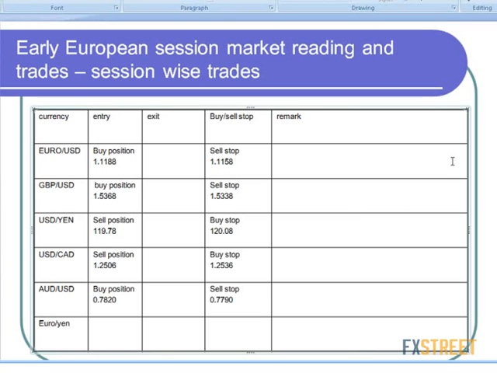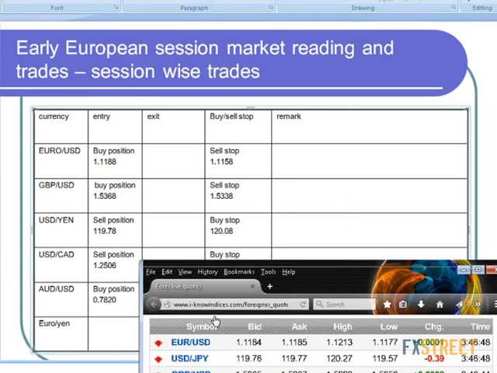For the simple reason that on many occasions you would have noticed that non-farm payroll would have been very negative, and everybody will be expecting euro and GBP to go up, US dollar to weaken, and they will simply gain the levels in euro and GBP briefly, and then subsequently slide them again.